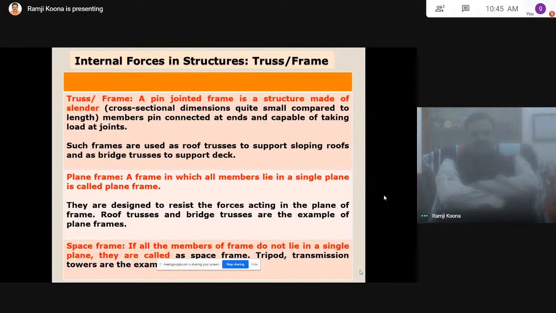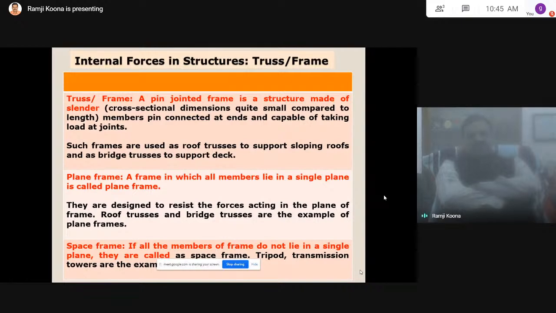Then another difference is that in a truss the load is always acting in the axial direction, while a frame has load acting inclined to the axis. Because of the inclination, if you resolve the forces at any point of the structure, there is a horizontal component and a vertical component. The vertical component is perpendicular to the axis, the transverse direction.